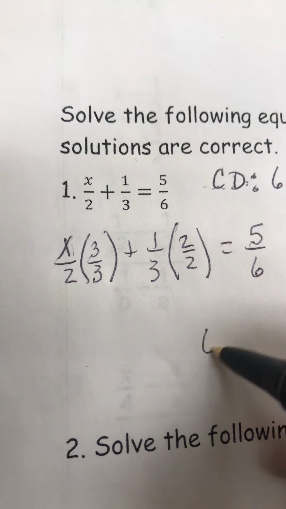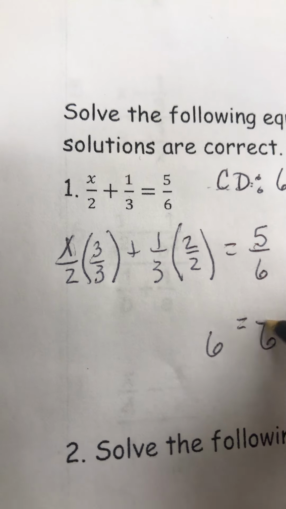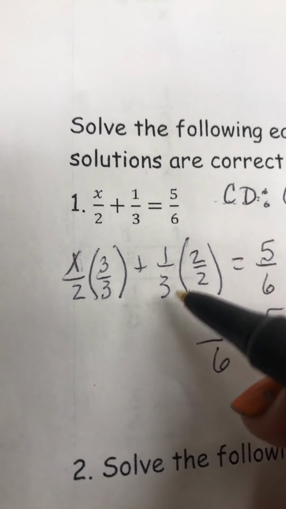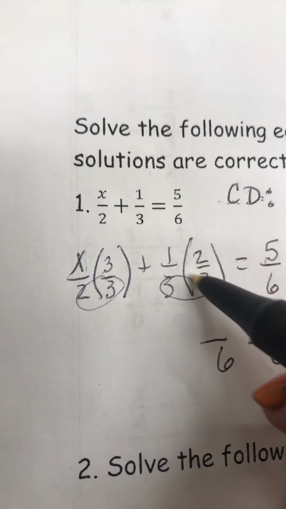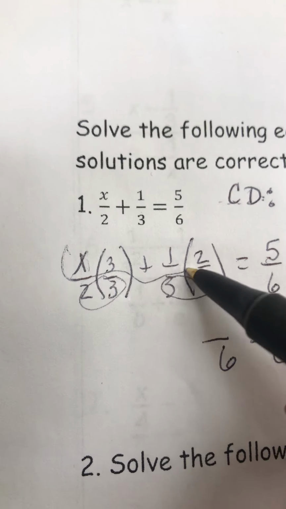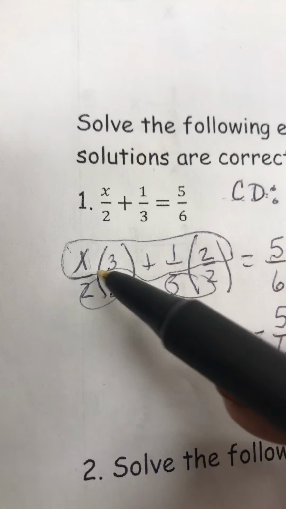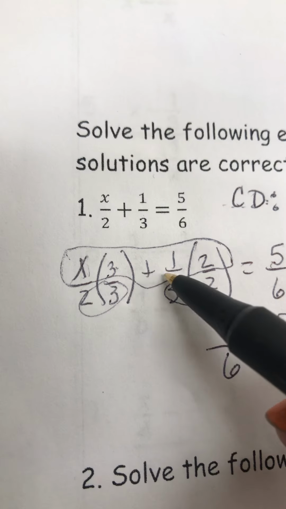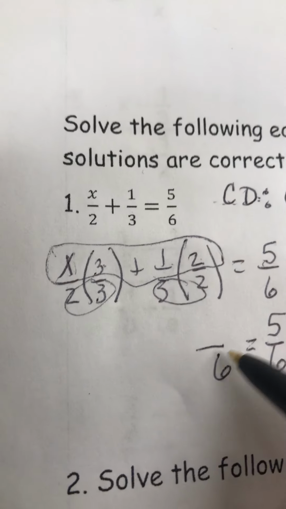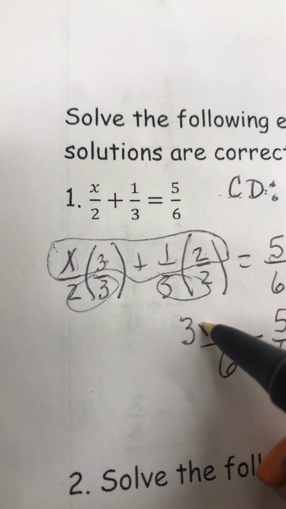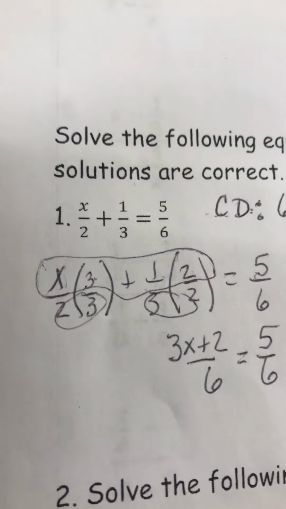Okay, so my new denominator is 6. So this is already 6, this is already 6. So my numerator, remember in class we amoeba that, is x times 3, which is 3x, plus 1 times 2 is 2. So it's 3x plus 2.